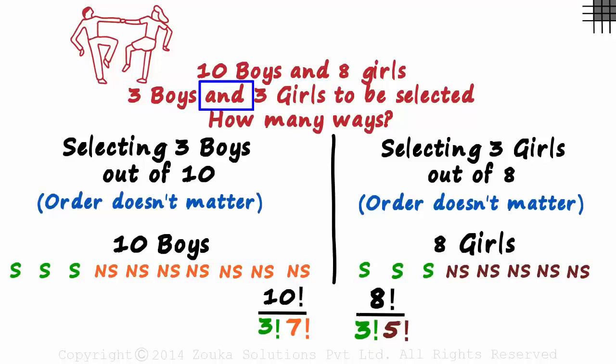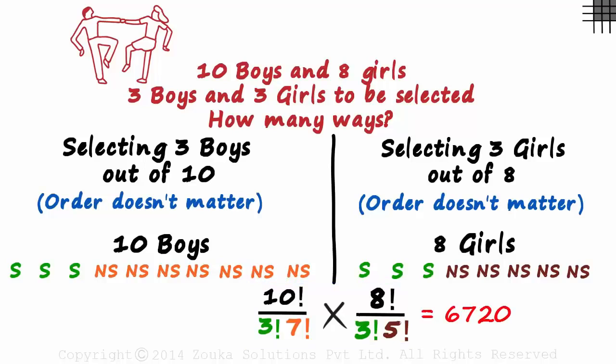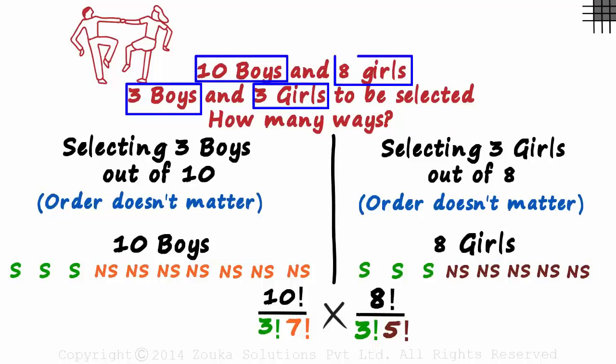And always implies multiplication. So we multiply these two and this becomes our final answer. If you solve this, you should get the answer as 6,720. 6,720 ways in which we can select 3 boys and 3 girls from 10 boys and 8 girls.